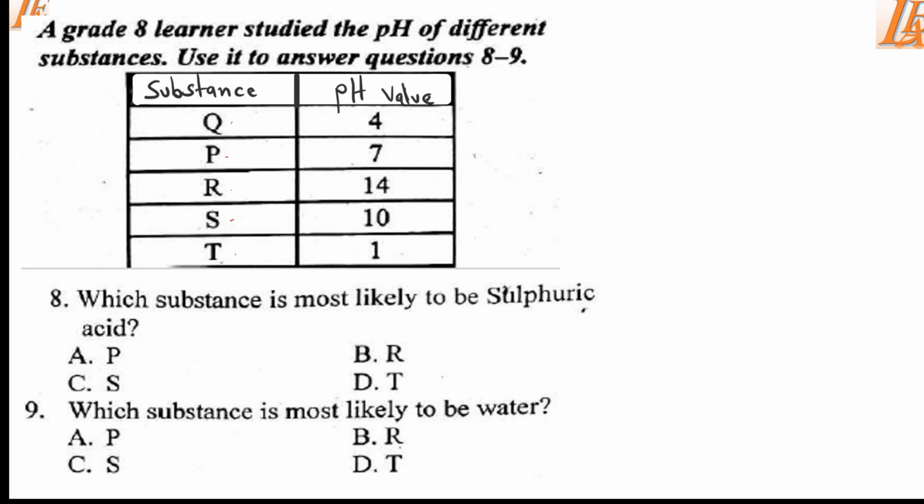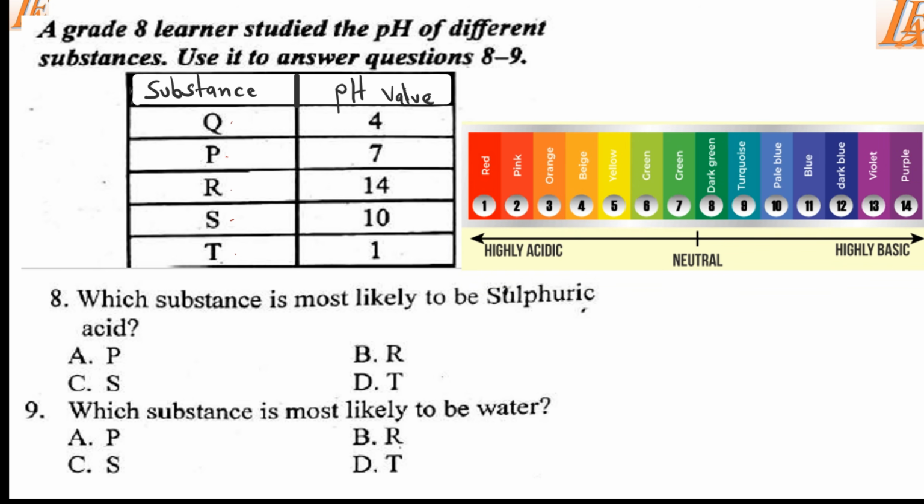Before we answer this question, let's look at the pH chart. The pH chart here represents groups of substances and numbers which indicate whether a substance is acidic, basic, or neutral. In this case, from number 1 to number 6.5 or 6.9, all these substances are acidic. Then at 7, the substance is neutral.